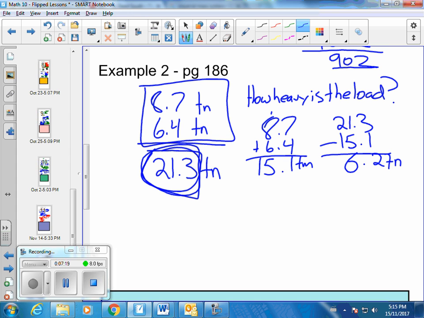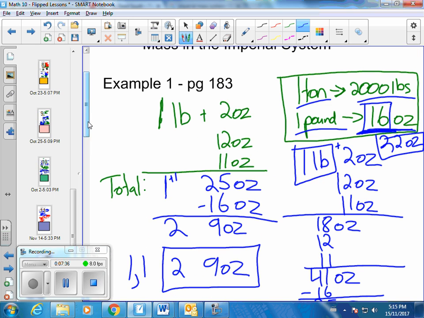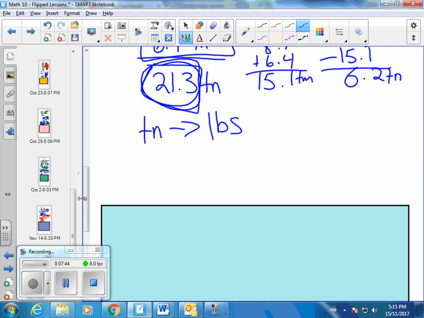The second thing they want us to do is convert from tons to pounds. So all I'm going to do here is simply multiply my conversion weight, which we already know. I know that I've got 2,000 pounds inside every 1 ton. Right? So what was our answer here?